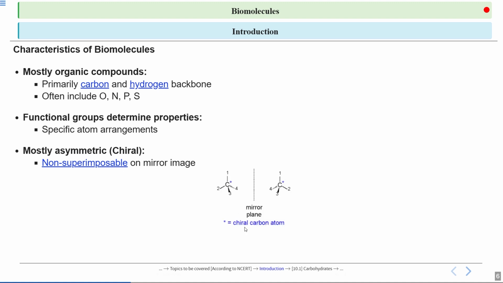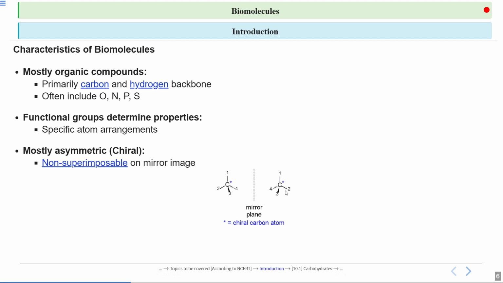Now look at here. This is a chiral carbon. Okay, if you see this carbon, four different groups are attached. This is 1, 2, 3 and 4. So this is a chiral carbon which has four different groups. Okay, now if you see the mirror image of this chiral carbon, this is the mirror image. Now both of them are non-superimposable.